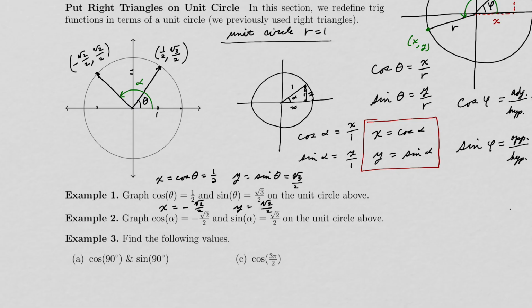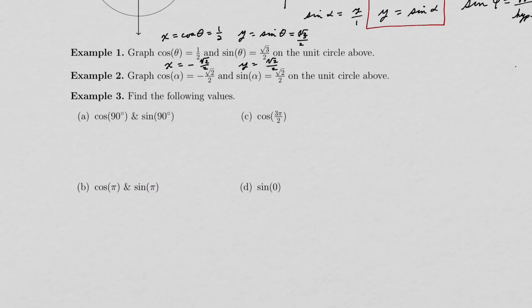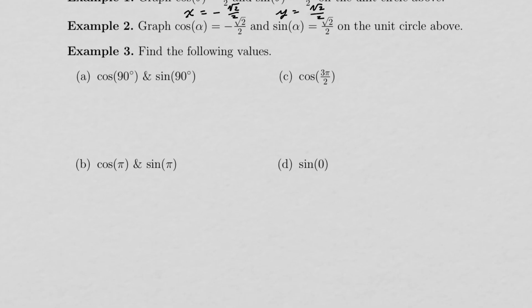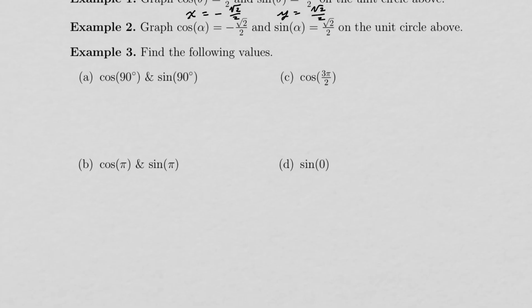Okay, let's do a few more of these around the entire circle so we get a better idea of what these particular values are. So let's try to find these. First one is cosine of 90 degrees and sine of 90 degrees. Here, I'm going to make this a little larger. So I'm going to draw at least part of a unit circle.